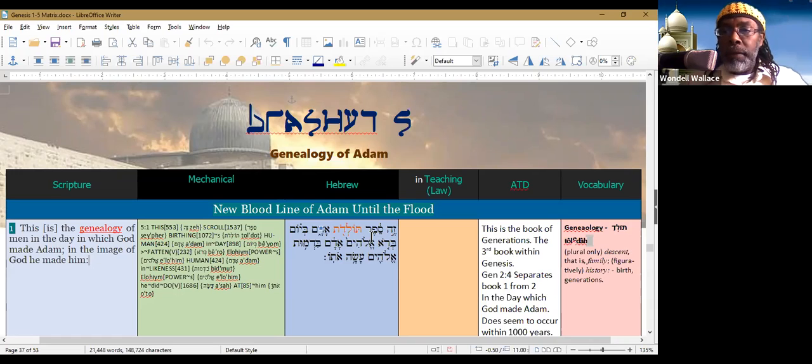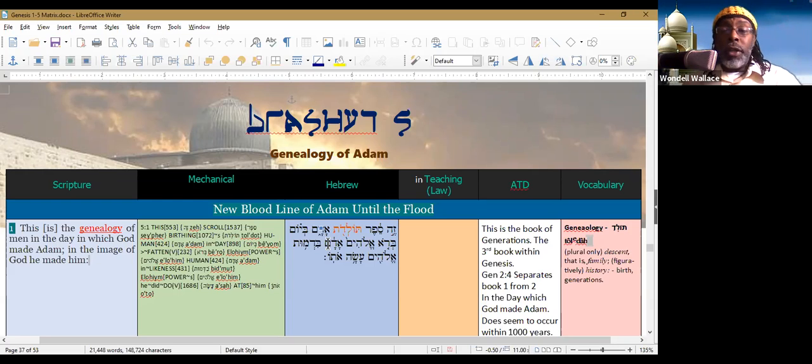This is Sefer, and this is Toldot. Ze Sefer Toldot is basically saying this is the book of generations. Okay? So that gives you all the information you need.